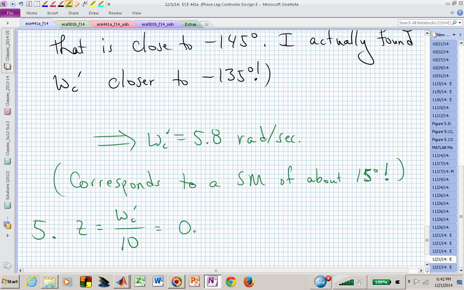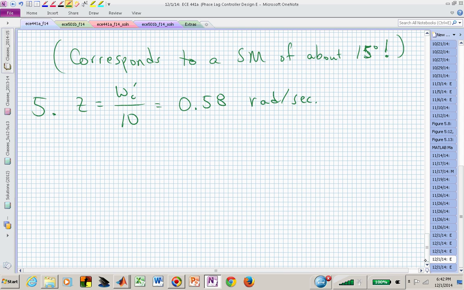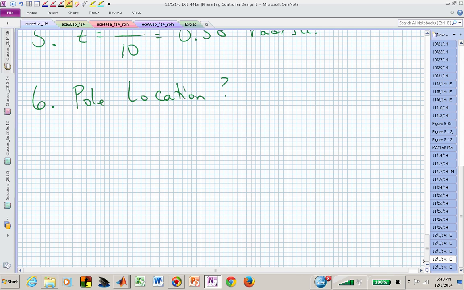Or I'm now going to locate my zero at a value of z equal to 0.58 radians per second. That's part of my controller design. Now what I want to do is find the pole location that will allow me to finish my controller design.